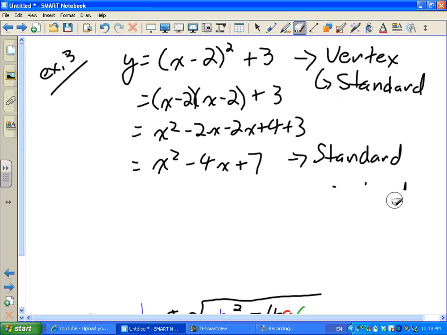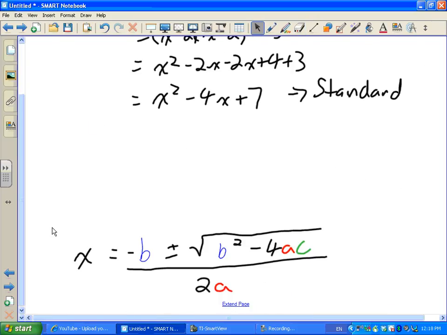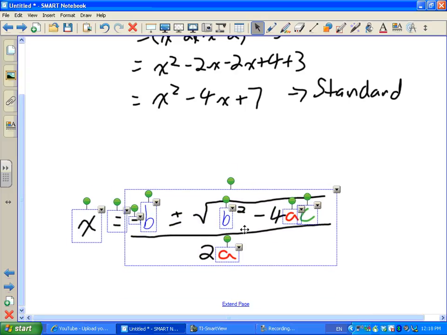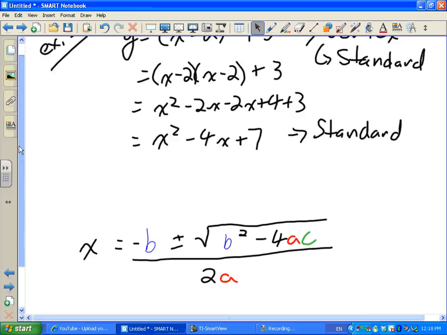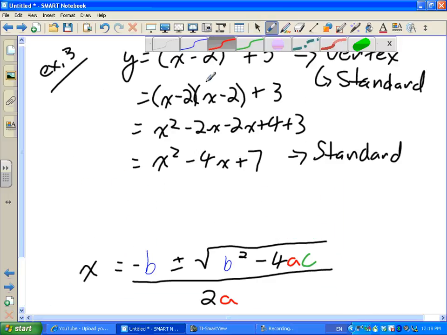So that means now I need to use my quadratic formula, which we have below right here. So we have our quadratic formula. Our A is 1. Our B is -4. And our C is +7. So we're going to plug those values.